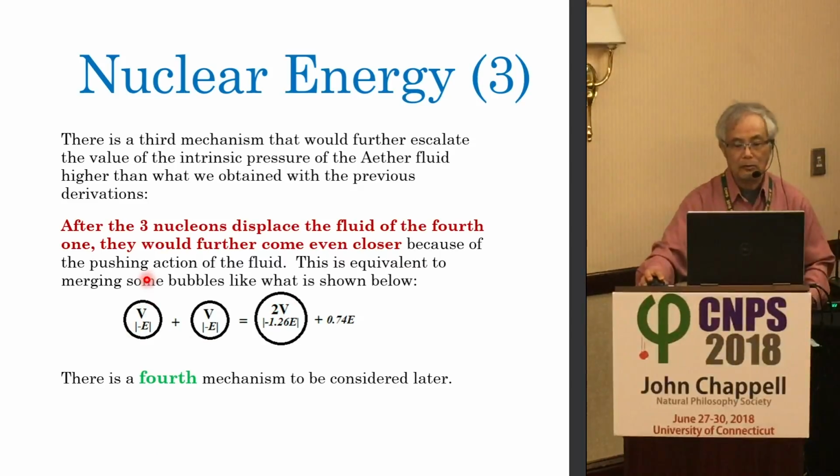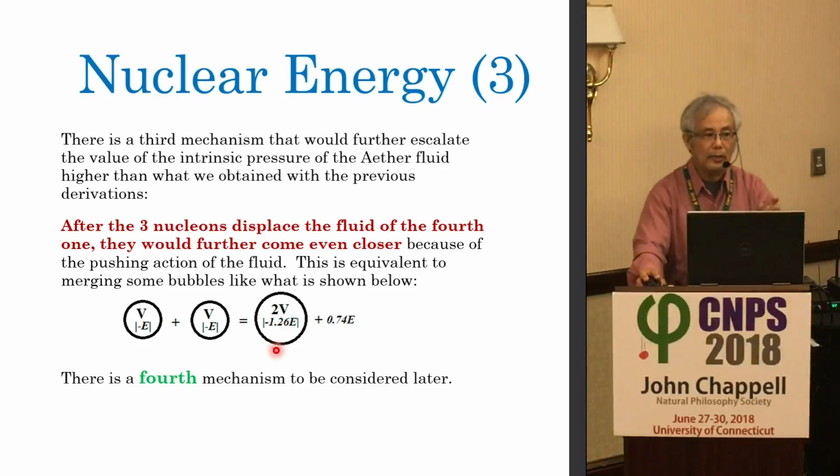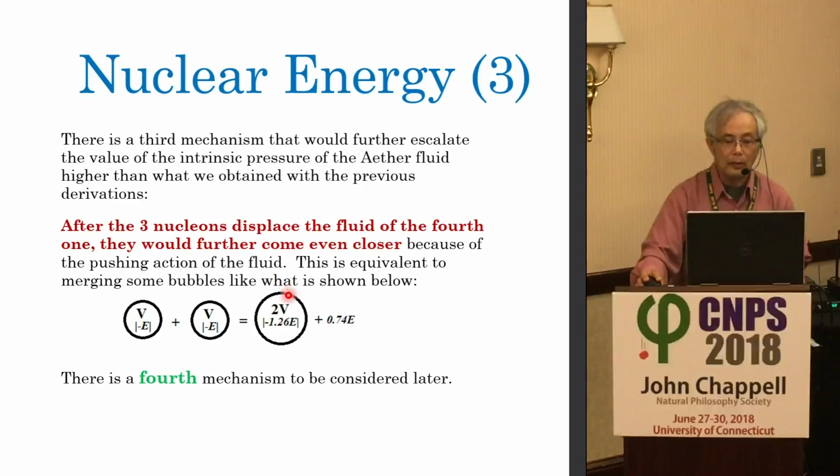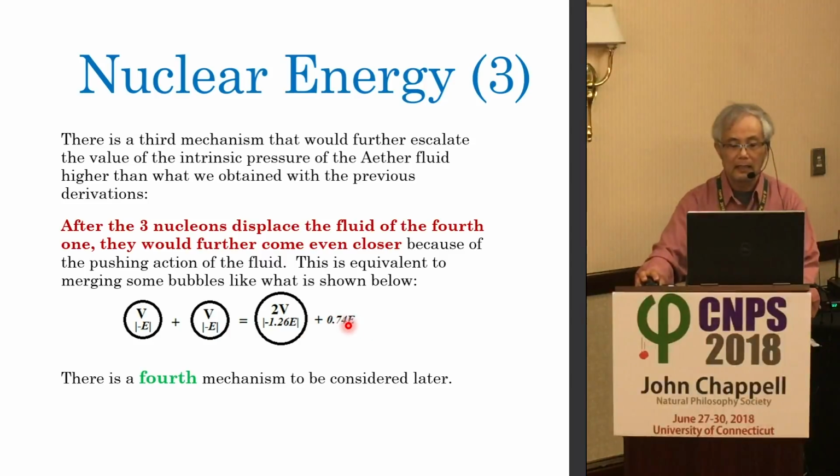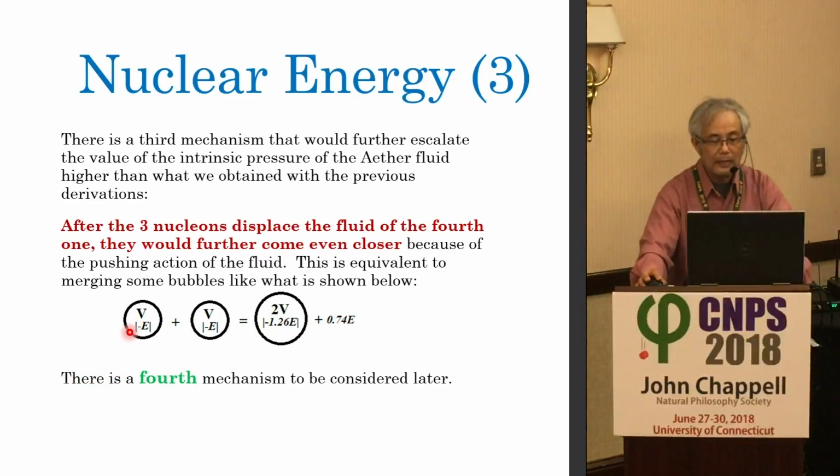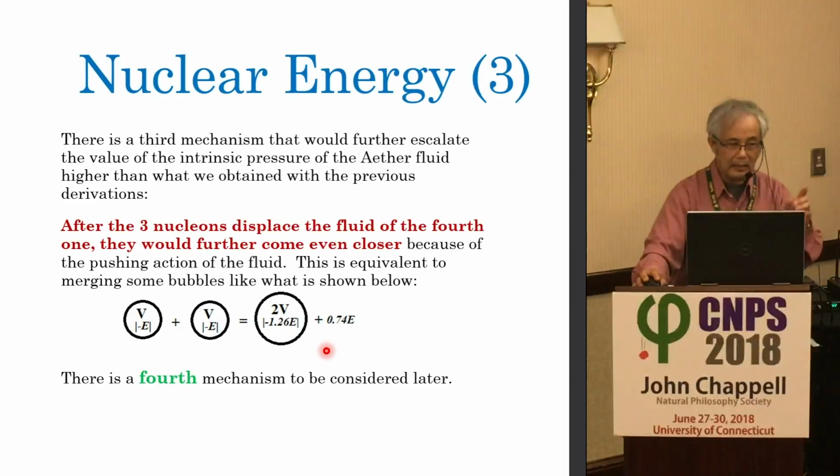When each bubble is created, it needs energy E, but when they combine together, the energy it retains is 1.26 E. Because if you create a bubble from 0 to this volume, that's the energy required, 1.26 E. Then there is extra energy you need to release.